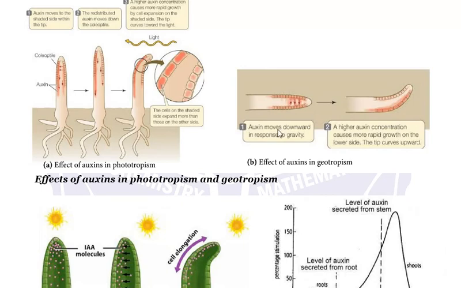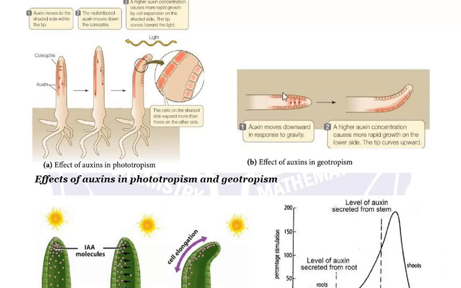As you can see in this diagram, here we have the cells on the shaded side and here on the upper side, and because the sun illuminates from above, the cells on the lower side will be on the shaded side, and the cells on the upper side will be illuminated.